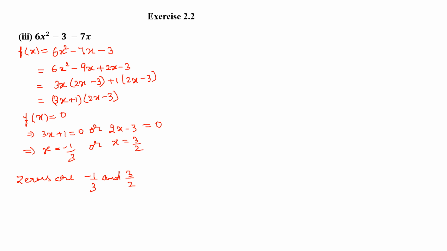Now I have to verify their relation. So the sum of the zeros, let's add it. So minus 1 by 3 plus 3 by 2. So the LCM is going to be 6. So here minus 2 plus 9, which will give me 7 by 6. Further I can write it as minus of minus 7 by 6. And you can see minus 7 is the coefficient of x and 6 is the coefficient of x square.